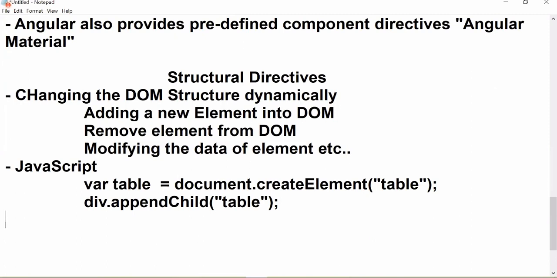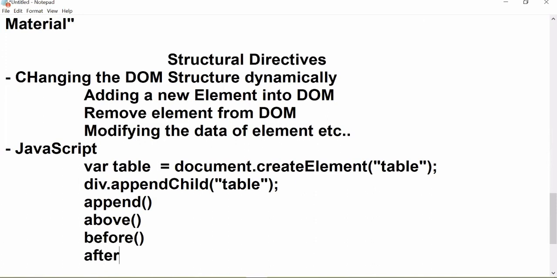So that means JavaScript and jQuery use a lot of references and a lot of functions for manipulating the DOM. In jQuery, we have functions like append, above, before, and after, which are used for adding contents before or after.